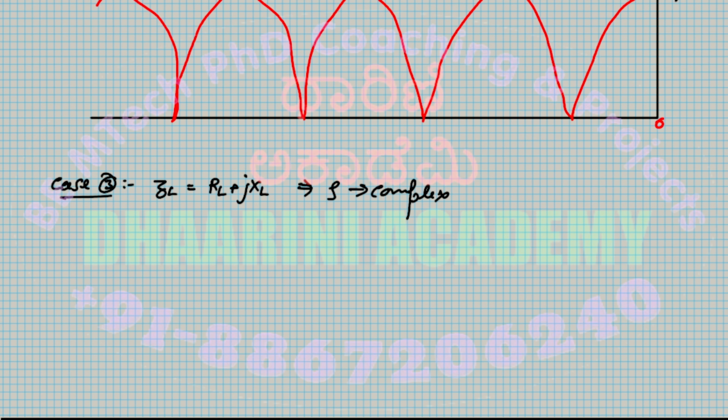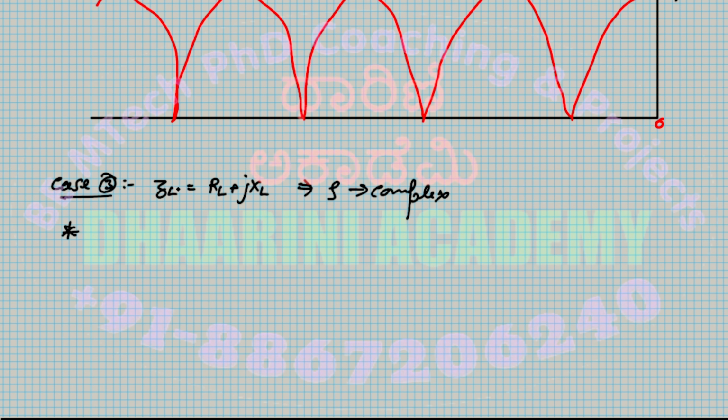Now the minima value will not be 0 and the maxima value will not be 2 Vs. It's actually lesser than that, because ZL is complex and the rho is also complex. So always we have maxima and minima present. I'll tell you how to calculate the maximum value and the minimum value slightly later. Okay, so in this case I need to write one sentence here before I draw.